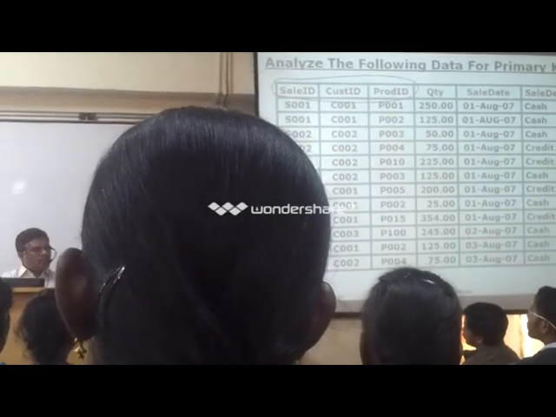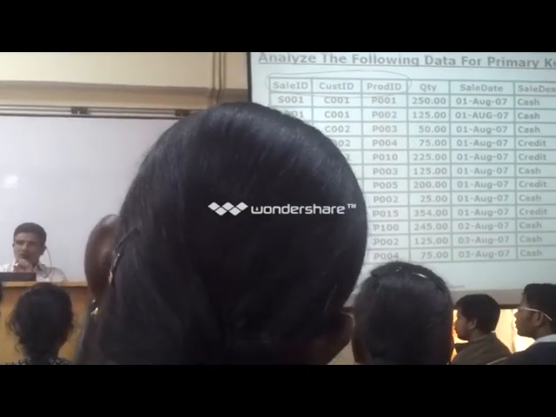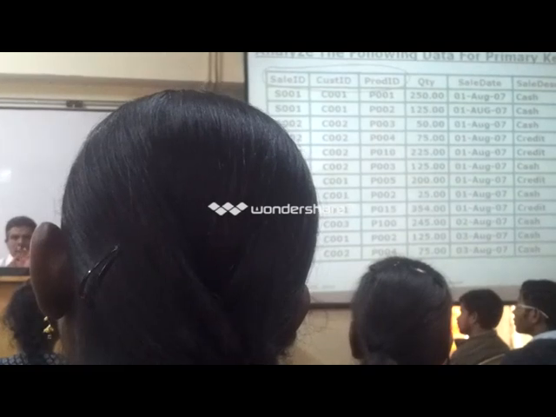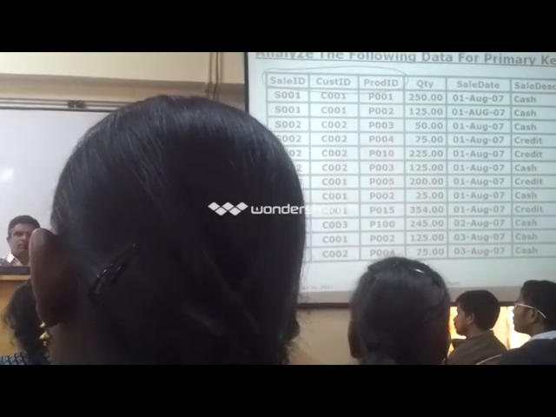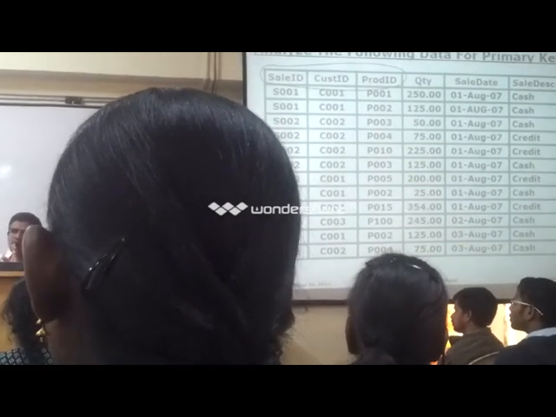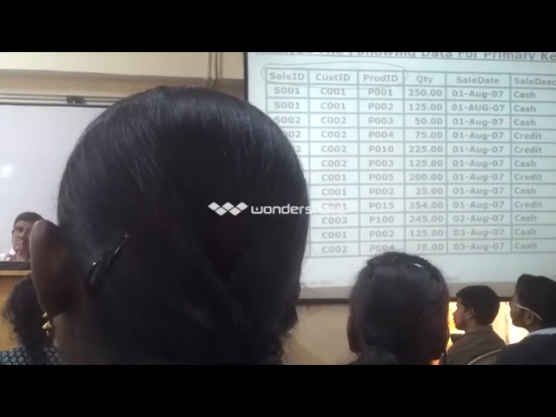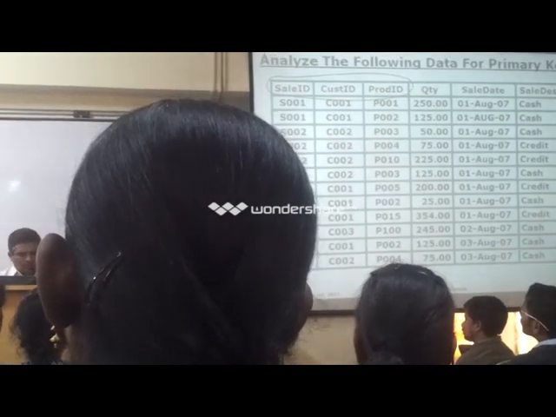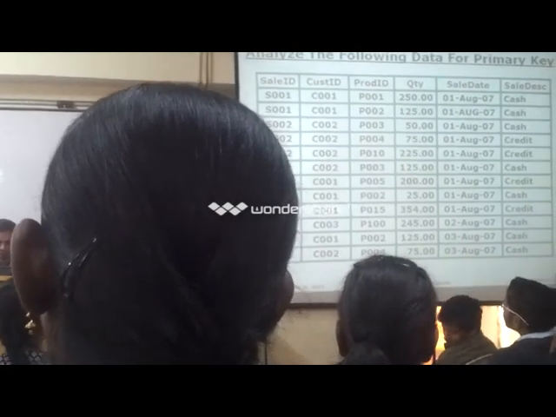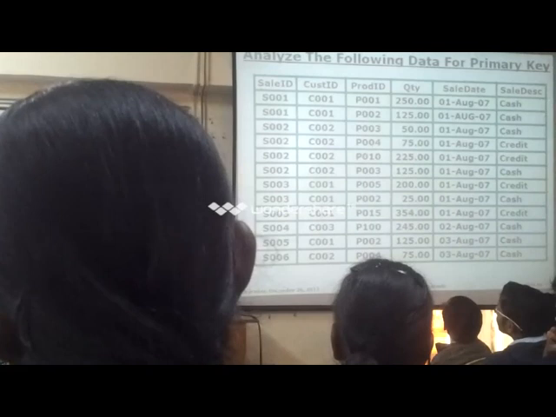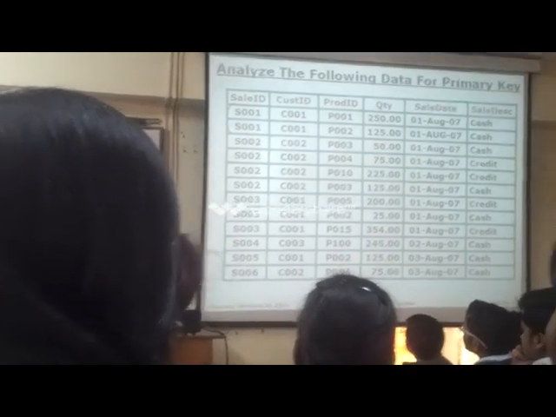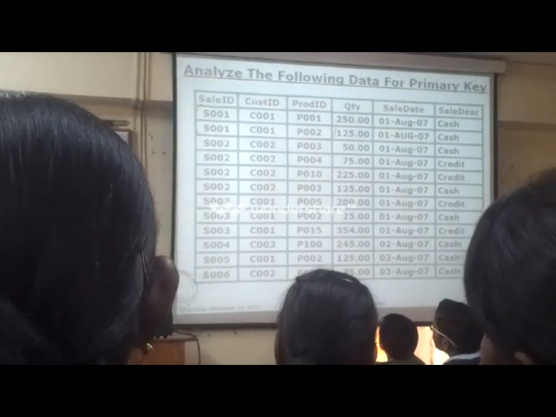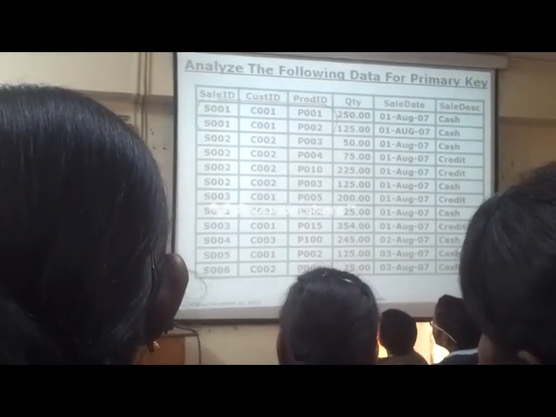In the last class we already saw that when we call it duplication in combinations, all the values in the same pattern are the same. But if in one column the data is the same and in another column it is different, we consider that as unique by nature. Here, sale 001 repeats 2 times for customer 001 for the products P001 and P002.